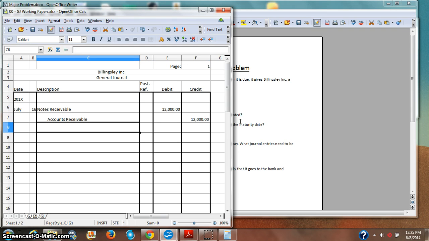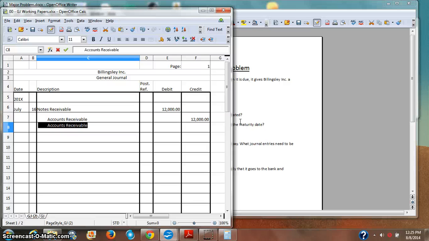In previous problems we talked about the subsidiary ledger for accounts receivable, and it's important to have that for accounts receivable, but with notes, if Rubenstein Company has given us a note, then he's done some paperwork on those notes.